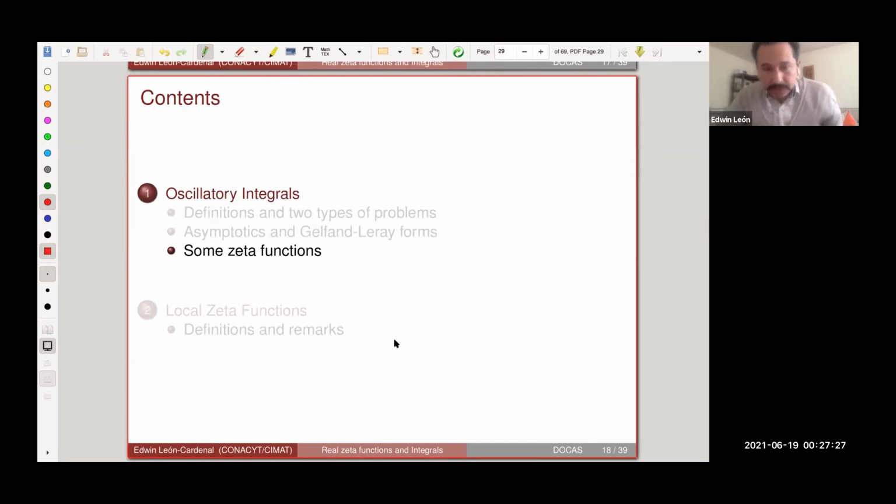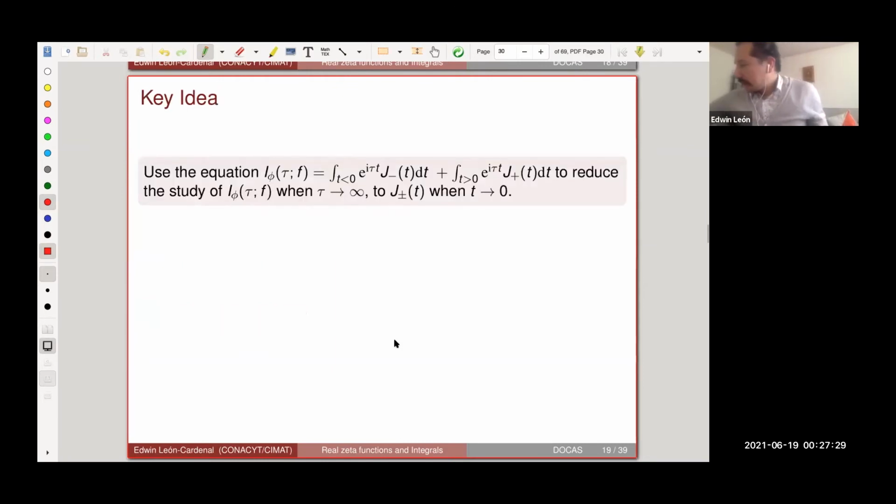Okay, so how can this thing help us solve the problem of asymptotics? The key idea is the following. This is the equation that I wrote a couple of slides ago.